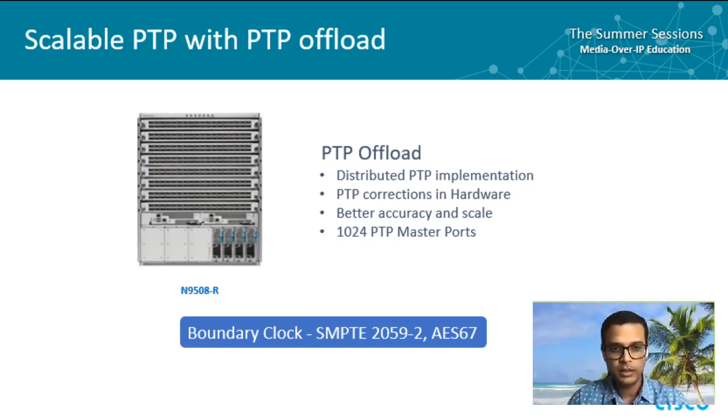You see, in media, SMPTE 2059-2 mandates that the PTP offset should be less than plus or minus 500 nanoseconds. Now, it's relatively very easy to do this at a low scale, but for this customer, we had to do this at a very large scale because they had lots and lots of endpoints connected directly to that 9508 chassis.